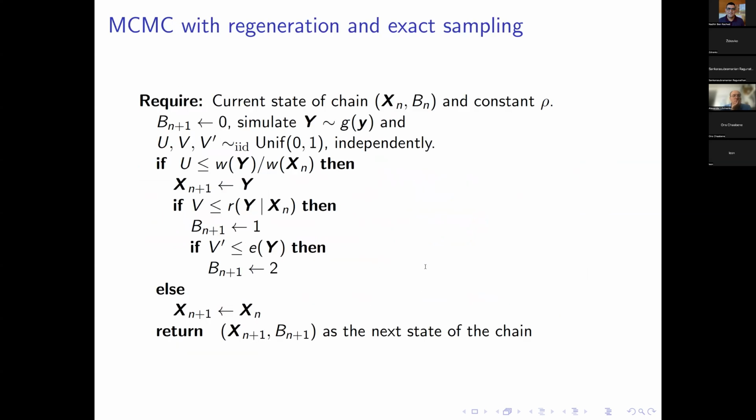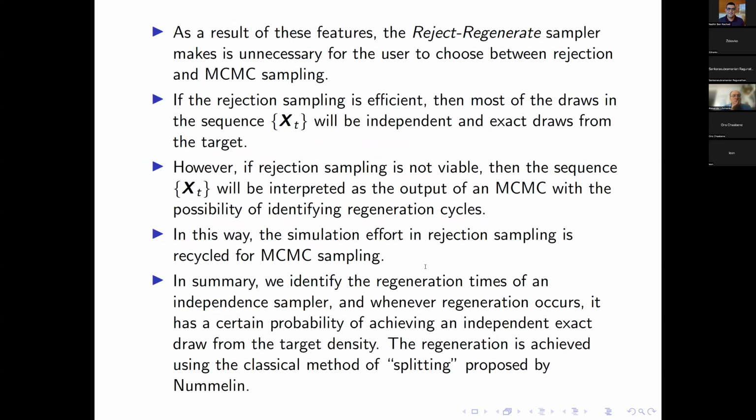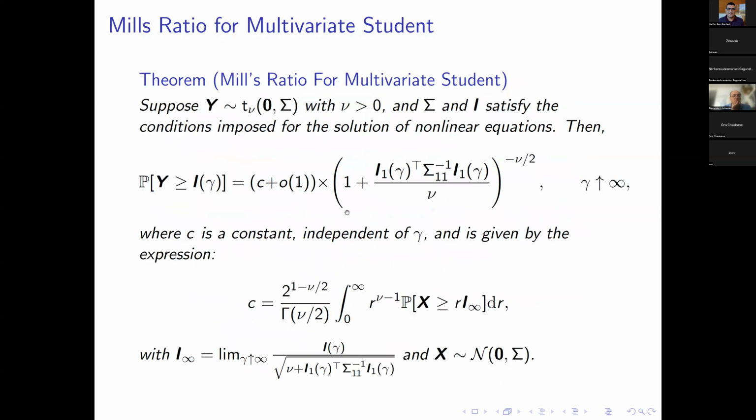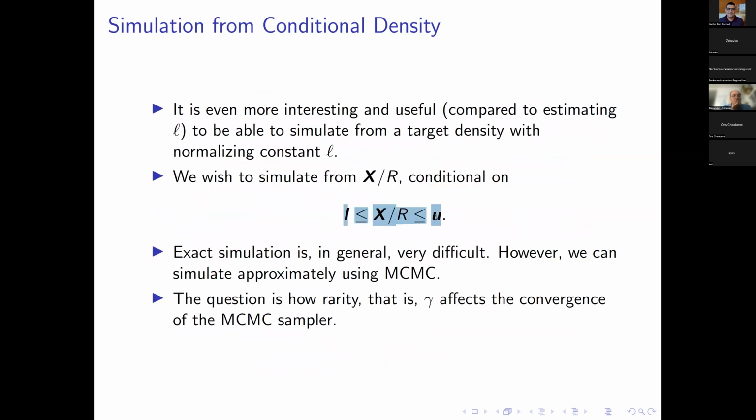I cannot deliver perfect draws from the multivariate student conditional on this event, but what I can deliver is a guarantee that the Markov chain algorithm will not be affected by how rare this event is. Its mixing rate will not deteriorate as the event becomes more and more rare.